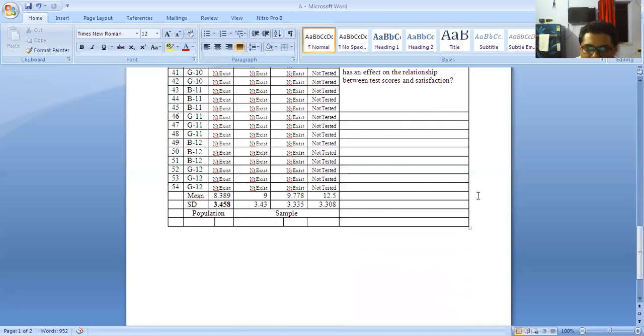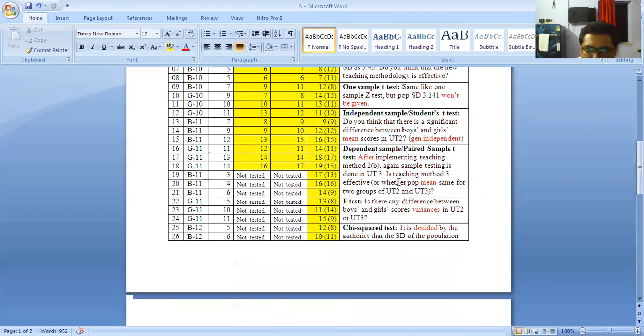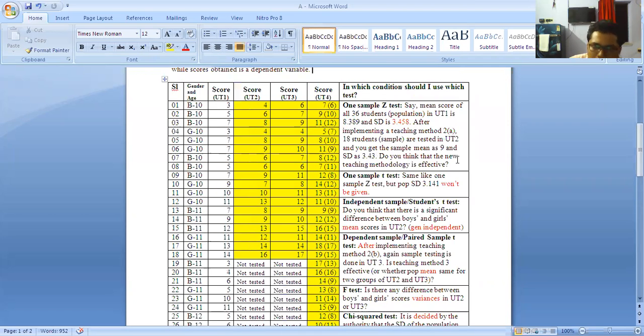After implementing a teaching method 2A, 18 student samples are tested in unit test 2, and you get the sample mean as 9 and standard deviation as 3.43. So do you think that the new teaching methodology is effective?